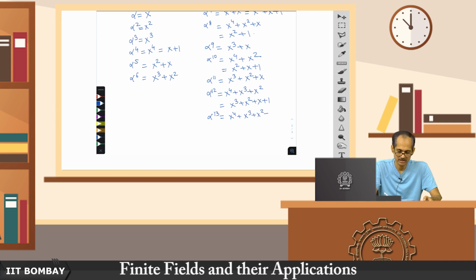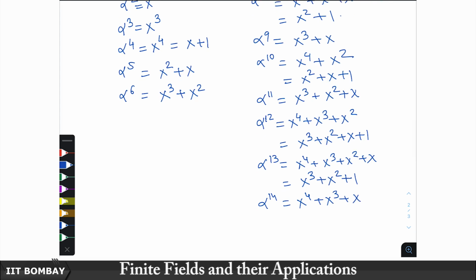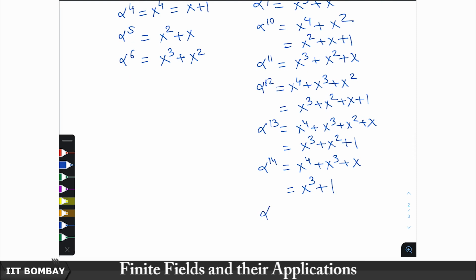Alpha power 13 is x 4 plus x cube plus x square plus x, which is when divided by x 4 plus x plus 1, we get x cube plus x square plus 1. Alpha power 14 is x 4 plus x cube plus x, when divided by x 4 plus x plus 1, we get x cube plus 1.